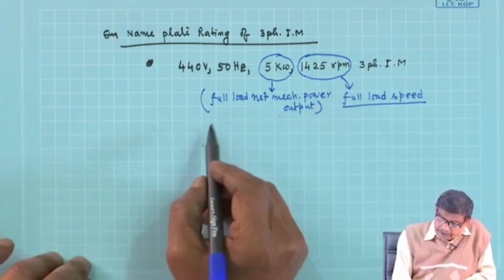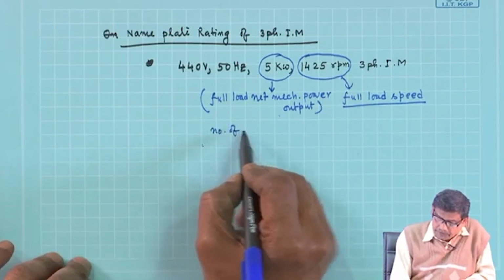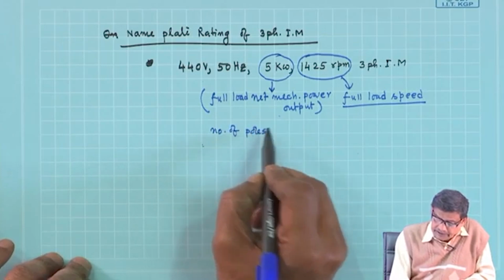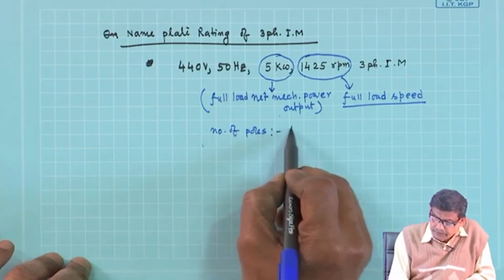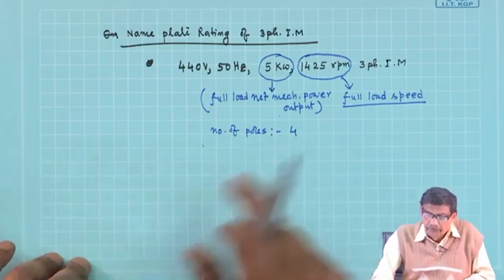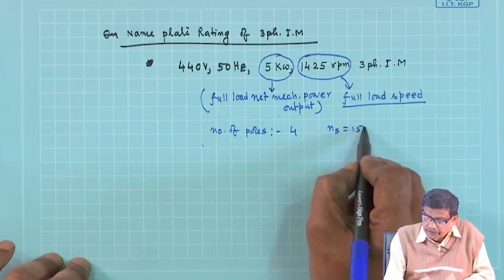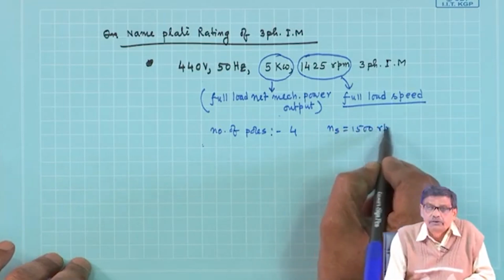Therefore, the number of poles I can easily find to be 4, because only with 4 poles is the synchronous speed 1500 RPM. These facts are known to me.